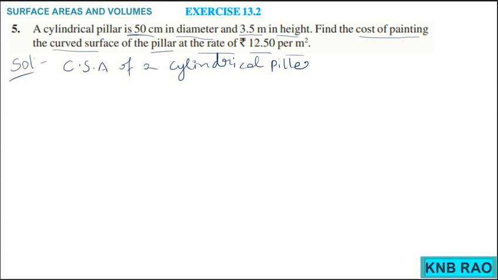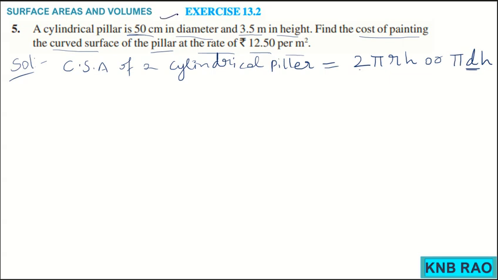For that, using the formula 2 pi r h, or you can use pi d h. 2 into r becomes the diameter.